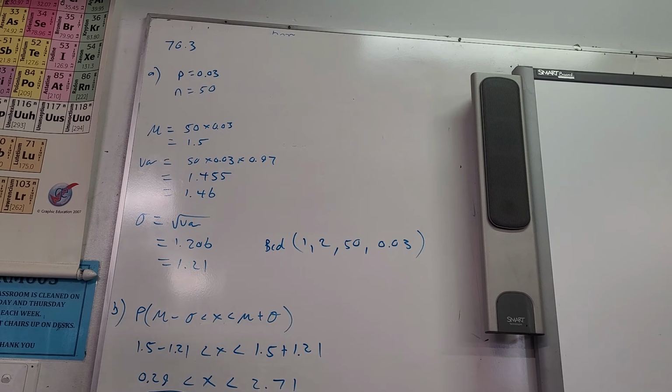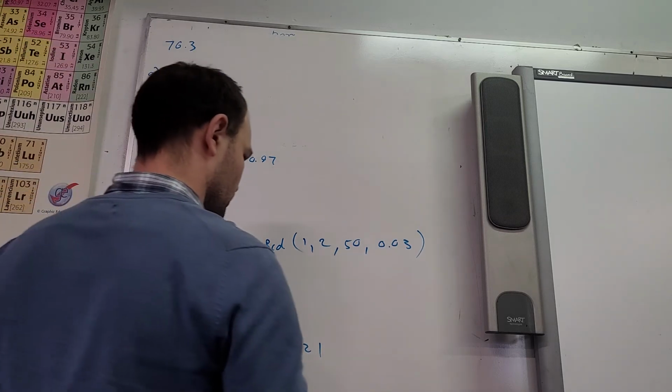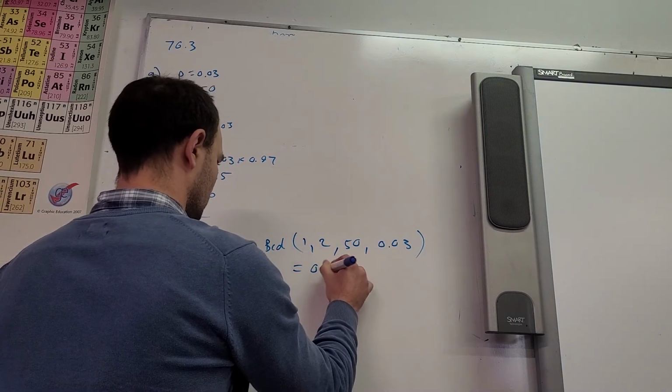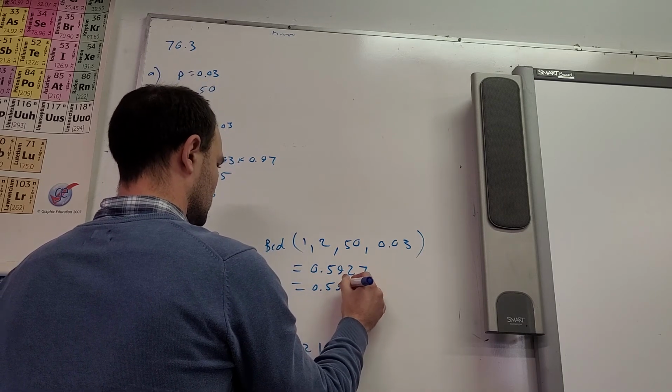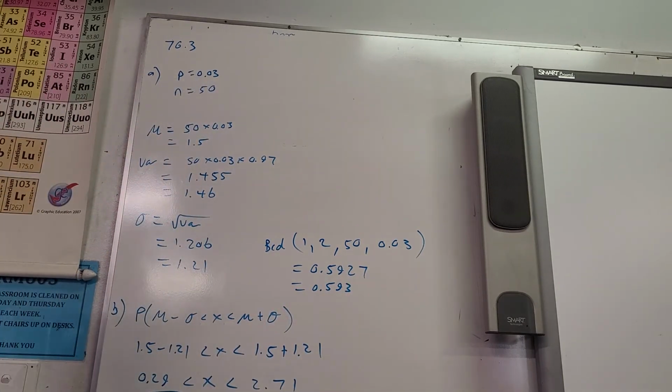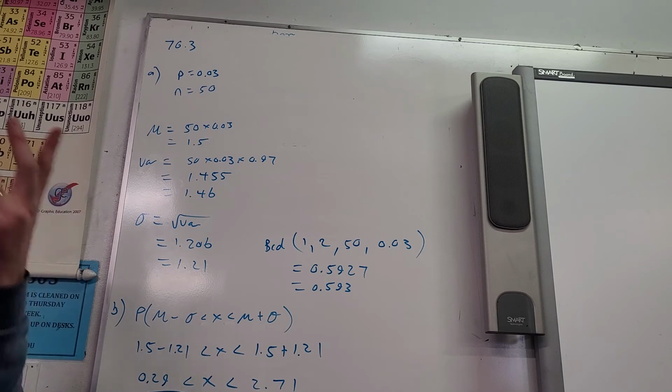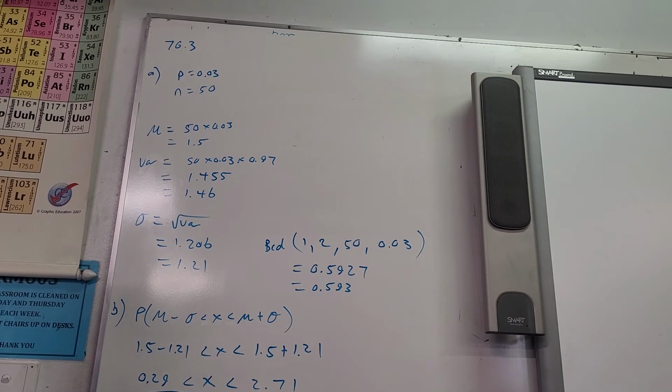We've got 1, 2, 50, 0.03 bracket. 0.592. Okay, so there's a 59% chance that one or two matches in a box are going to be defective or dodgy. They're not going to work.